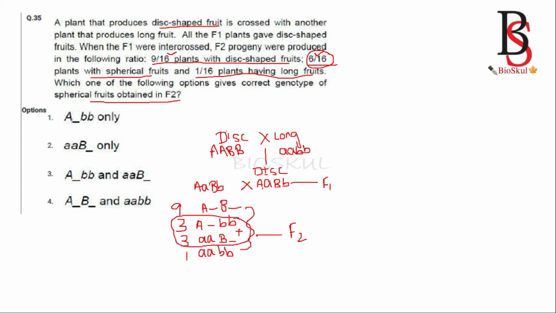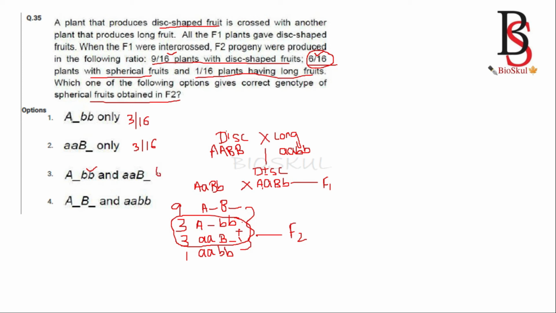So let's see option A dash BB. If it is A dash BB, then it will be 3 out of the 16. So this is not the correct answer. AAB dash is also 3 of 16. So this is not it. Then it is asking about A dash BB and AAB dash, so it is the combination of both.